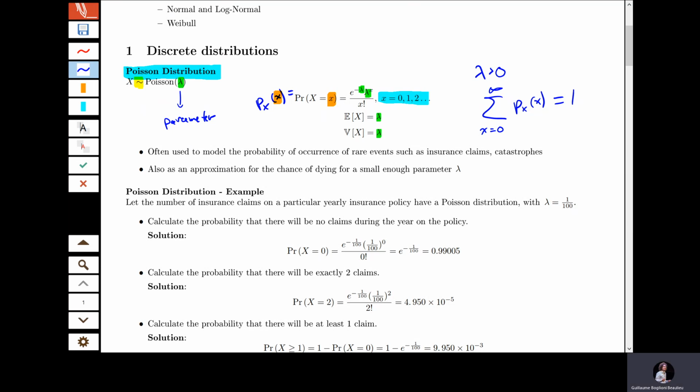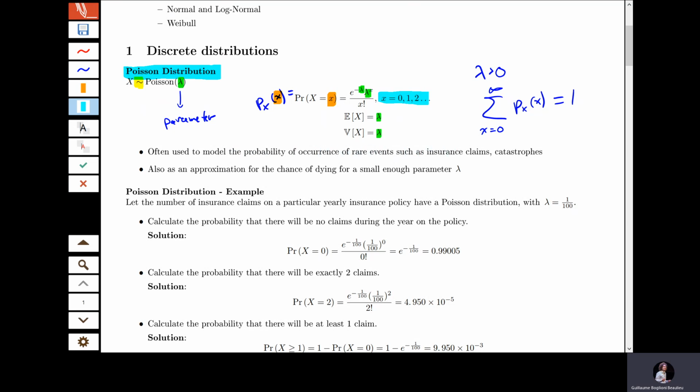Now, the Poisson is, let's say, the most common model for counts. If you're counting something, how many events happen, you can use a Poisson because it takes values in 0, so in case there's 0 events, 1, 2, 3, etc. Here it says that it's often used to model the occurrence of rare events.